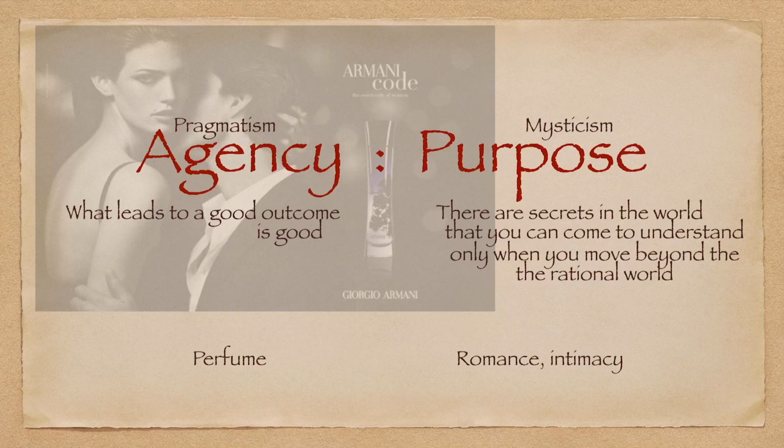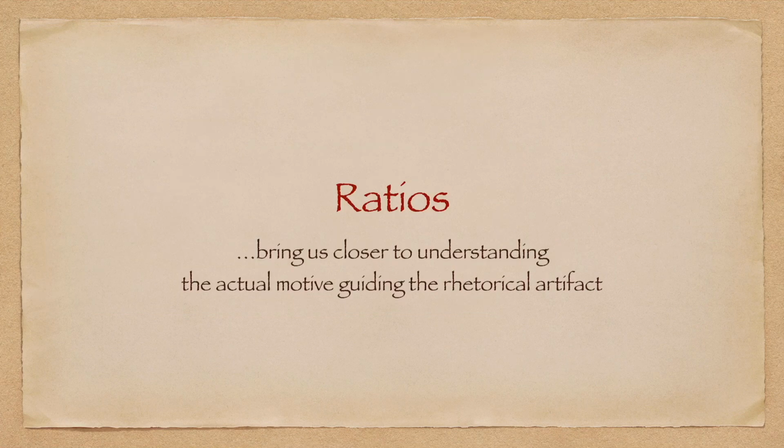That's the fundamental aspect of what happens here. The ratios bring us closer to understanding how the motive is guiding the rhetorical artifact. What's the actual motive that is at the core of this artifact? Well, it's going to be a tension between realities.